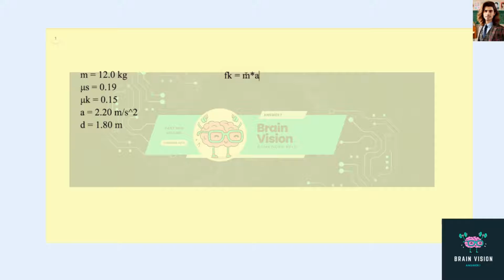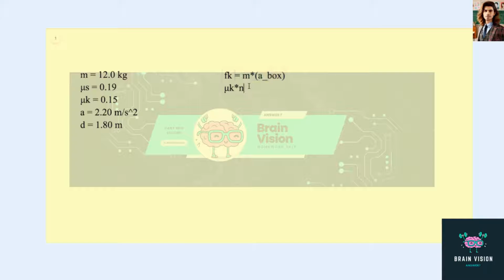And I'm going to specify that this is now the acceleration of the box, because this is going to be different from the acceleration of the car, which we had over here. So the frictional force is going to be mu k times the normal force.